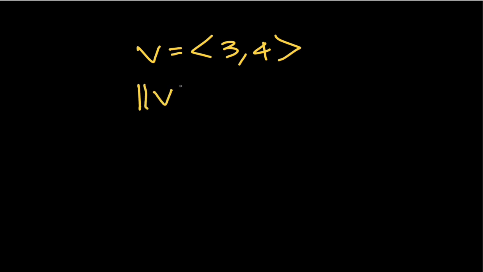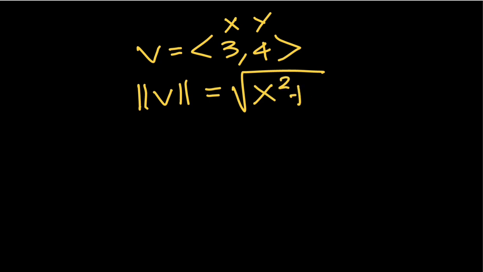The length of vector v is just the square root of the sum of the squares of x and y, so it can be represented as this one. Take note that a vector with a 0 magnitude is called a zero vector, which is written as this one.